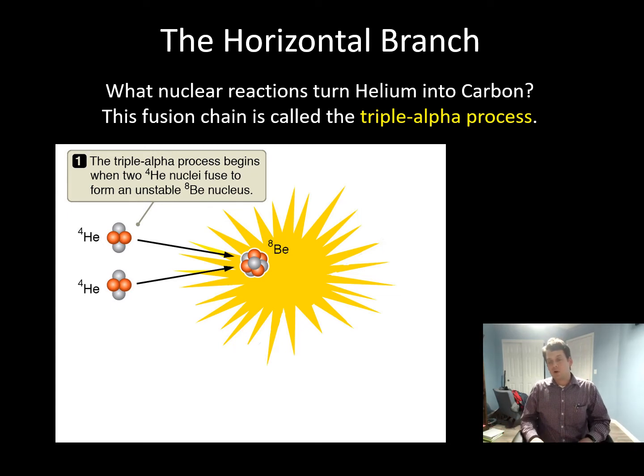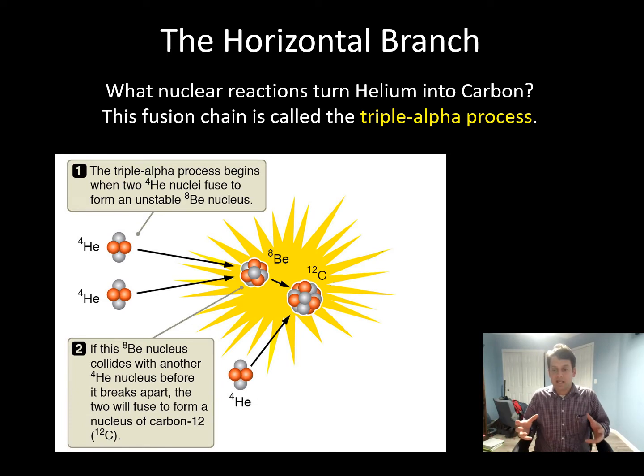So in the triple alpha process, before that beryllium-8 nucleus can fall apart, it gets hit with yet another alpha particle. And if this seems improbable, well, it doesn't happen under our everyday conditions. But in the core of a red giant star, the densities of helium are gargantuan.